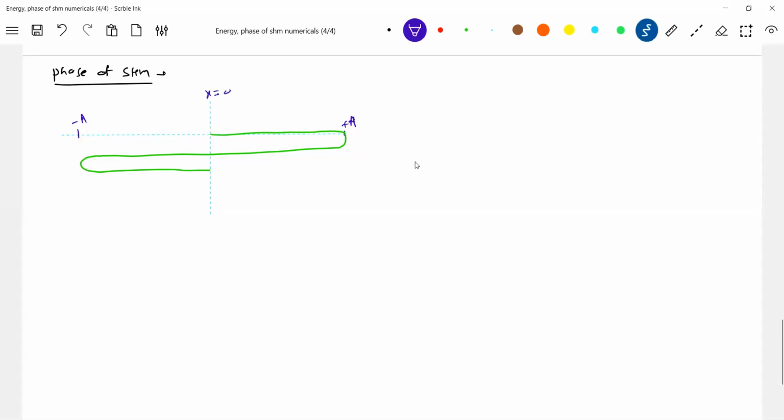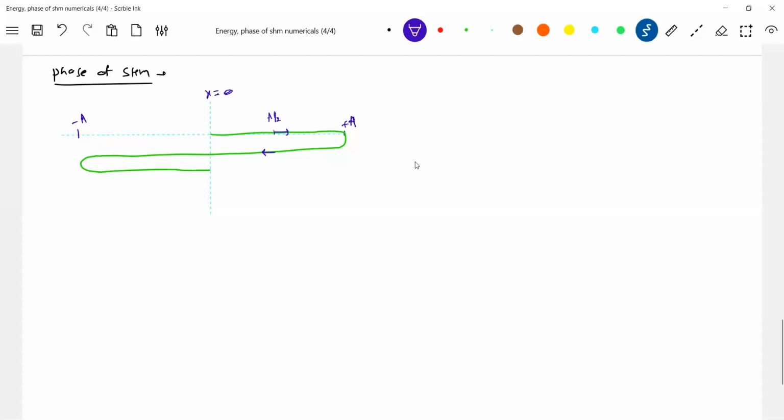For our understanding, I'm just giving a diagram like this. Say the particle is at a by 2 somewhere here. It may be moving away from the mean position or towards the mean position.